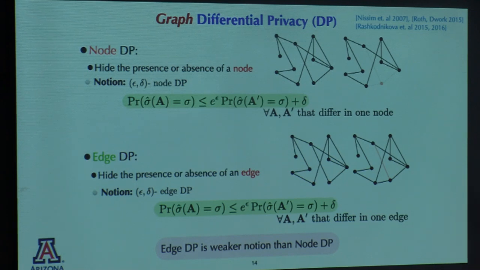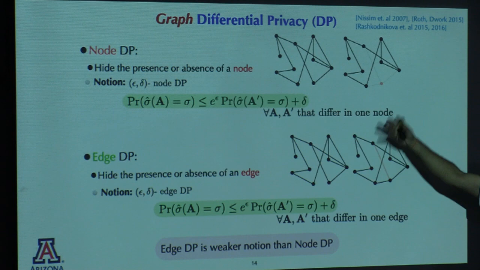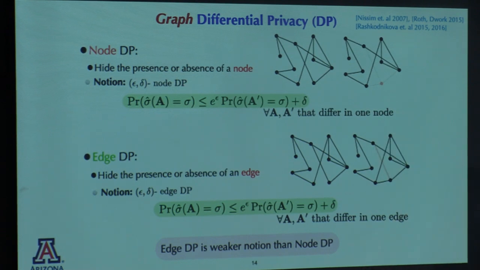Node DP would not make too much sense if you really hide the presence and then also classify the community label. So we don't study node DP in our work. We actually study edge DP. I think this was just to give you an overview of graph differential privacy as two types of notions. But yes, I agree with you that it won't make operational sense for the community detection problem.